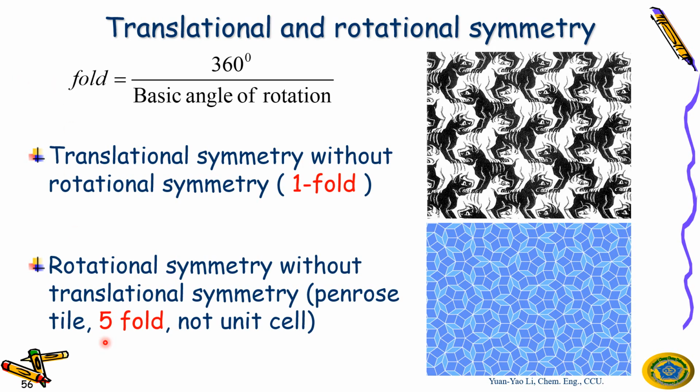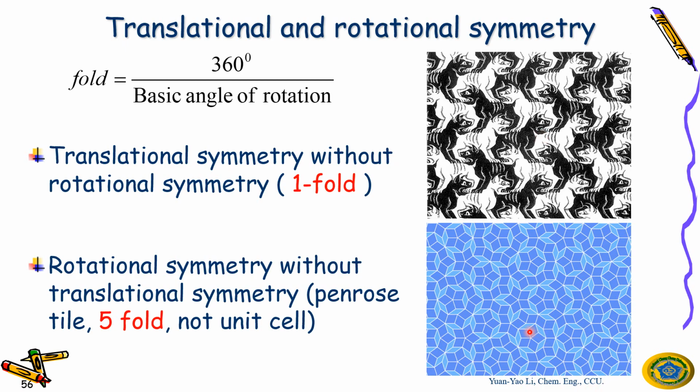So this is another thing. If I ask you how many folds is this, you just start to rotate and tell me how many folds. For this cartoon, it's only one fold.